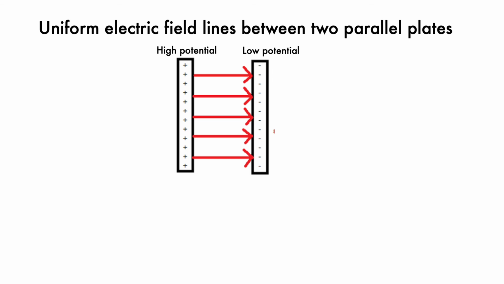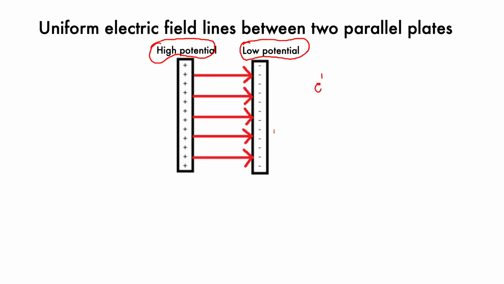Again, this is to bring back the same concept: if you have a positive plate and a negative plate, electric field lines will be from positive to negative. We just want to add this particular word here: instead of saying positive plate, we can also call it high potential, and the negative plate can be called low potential.